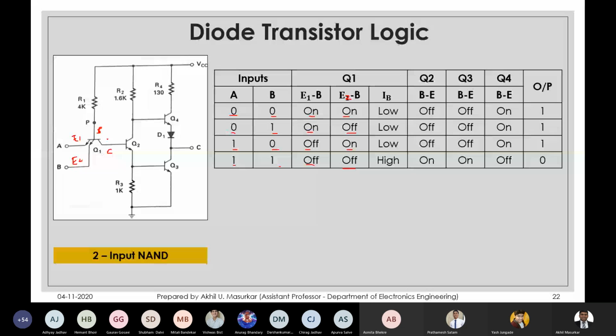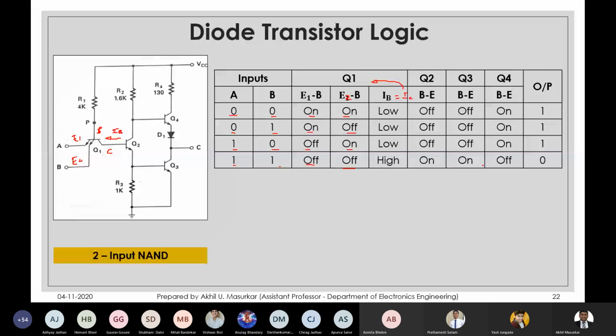That is, this is the IB of Q2, which is also the IC of Q1, and then we have Q2 base emitters. So the base emitter of Q2 is off, and on.